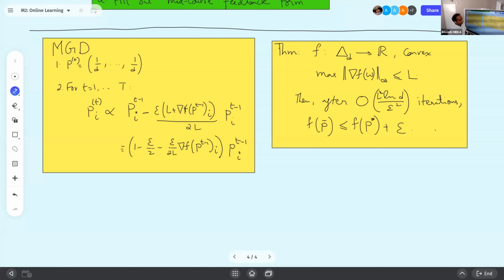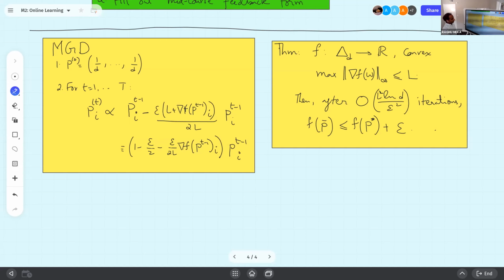The notable thing here is that if you used just plain projected gradient descent for this specific set of functions, then you get a bound which is linear in the dimension as opposed to logarithmic in the dimension. So it's a very substantial improvement, right?